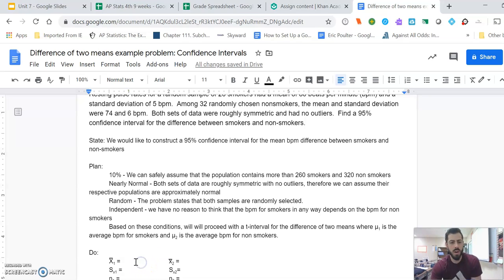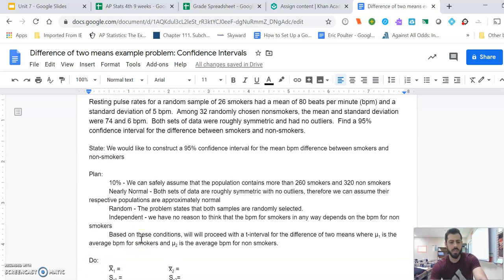So our sample means, the first one from the smokers was 80 beats per minute. For the non-smokers, we had 74 beats per minute.